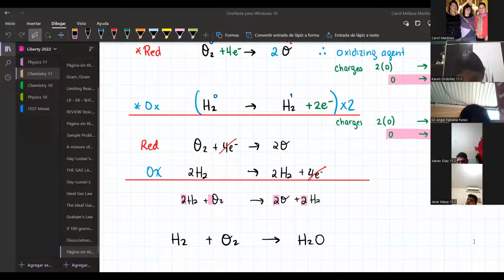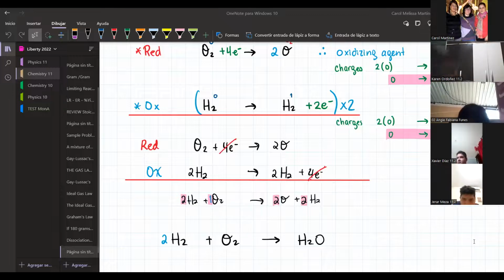Guys, sorry, my iPad is bugged or something. So I put the coefficient of 2 in front of hydrogen. For oxygen, if there's nothing, it's just an invisible 1, so I'm not going to include it.